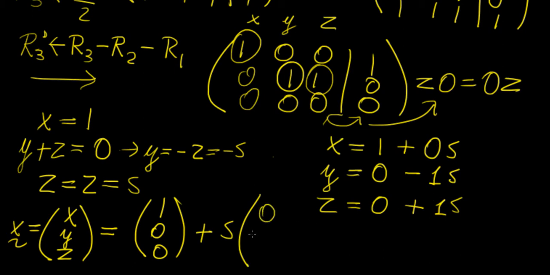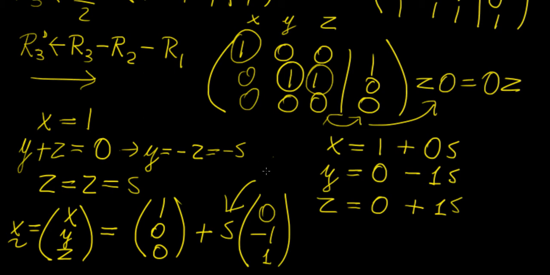So we have 0, minus 1, 1. So this is the set of solutions to our particular system of equations here.